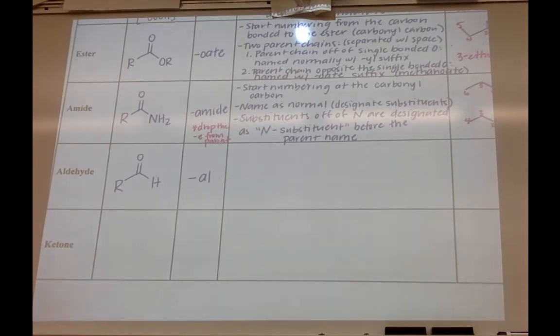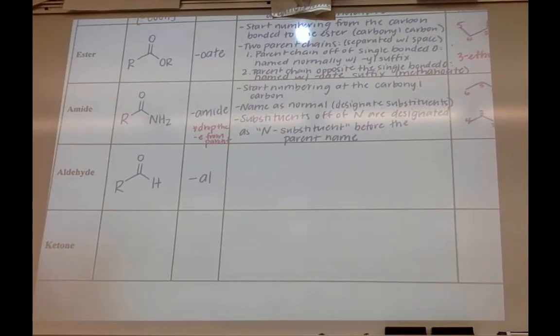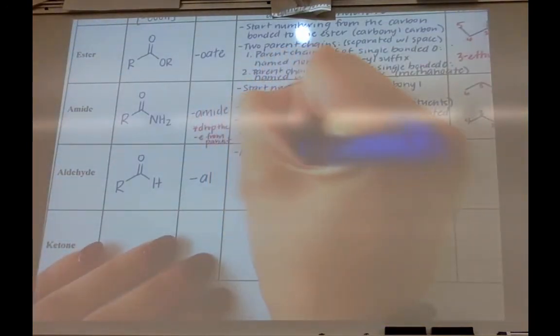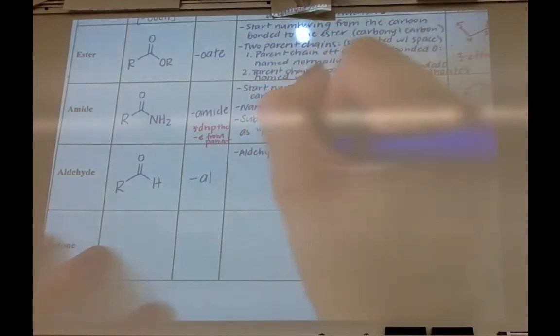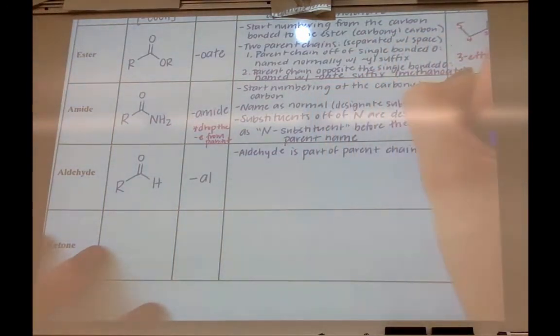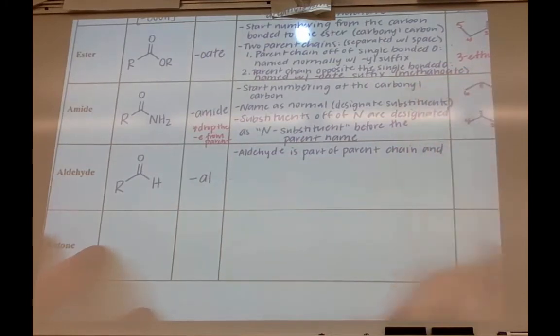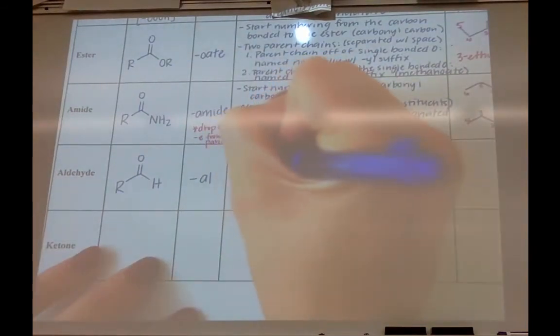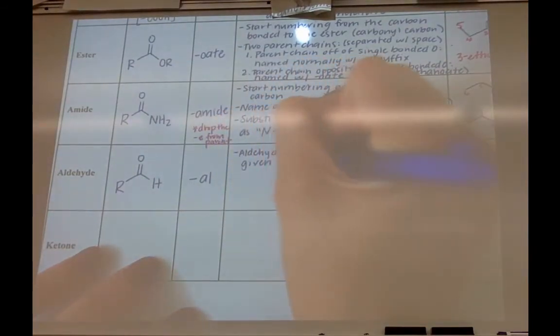So when it comes to naming aldehydes, the aldehyde is part of the parent chain. And just like everything so far, what number has the carbonyl carbon been? 1. Right? It's given number 1.